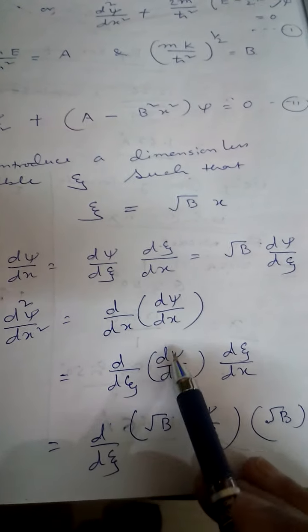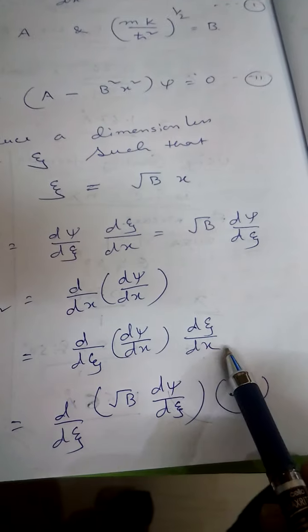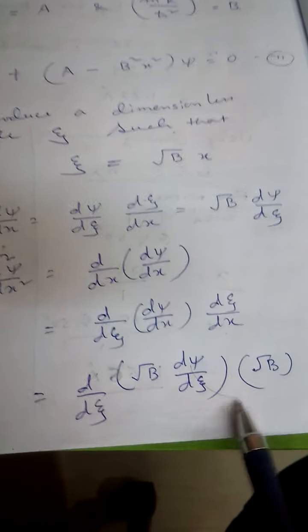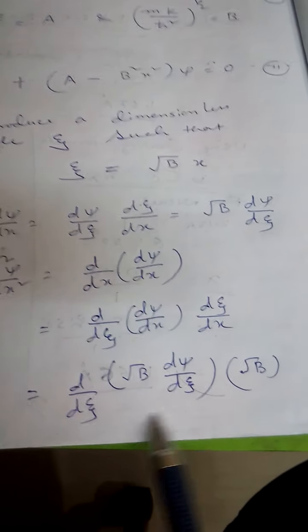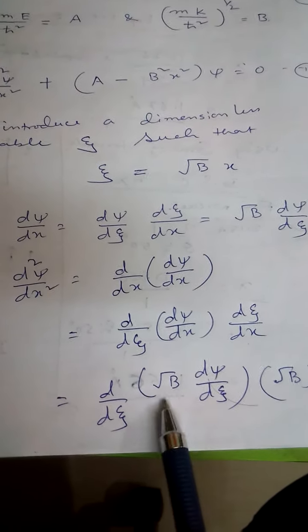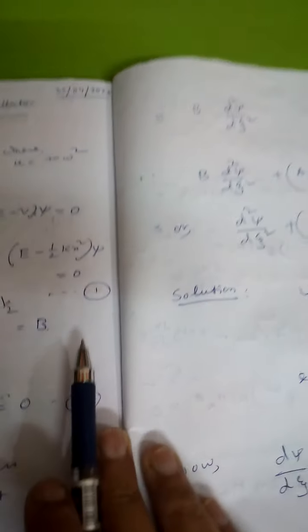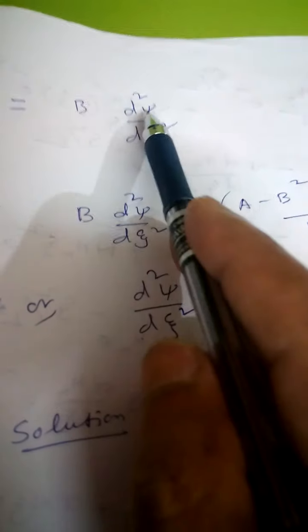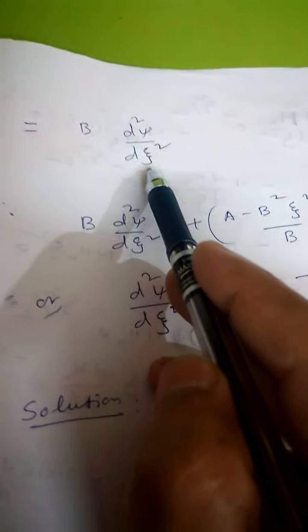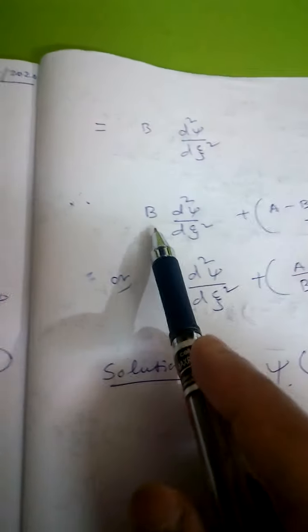Putting the value of d psi by dx, which is square root of b, and after simplification, we finally have d square psi by dx square equals b d square psi by d xi square.